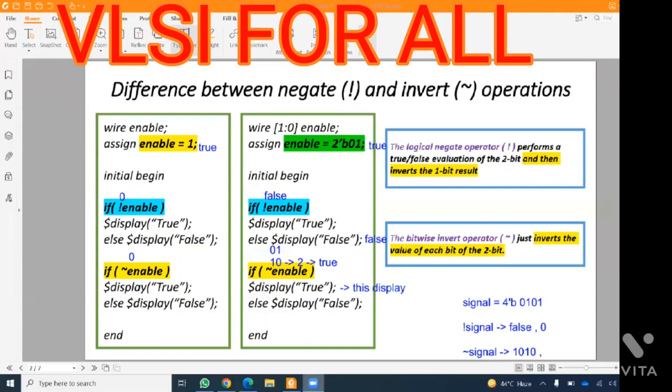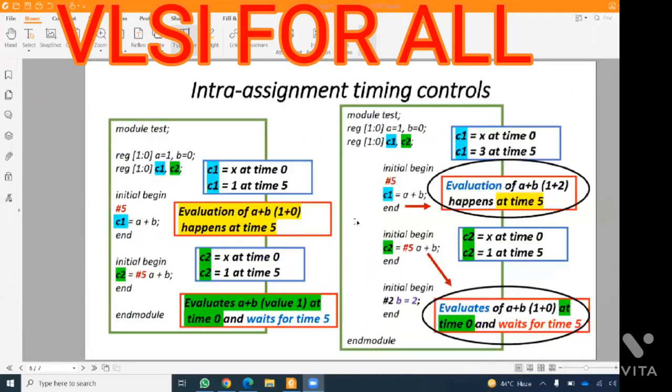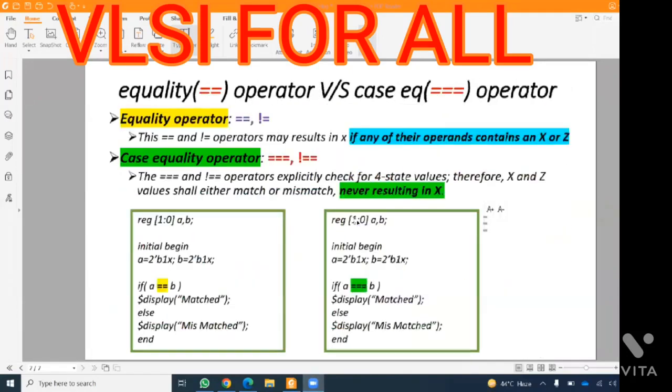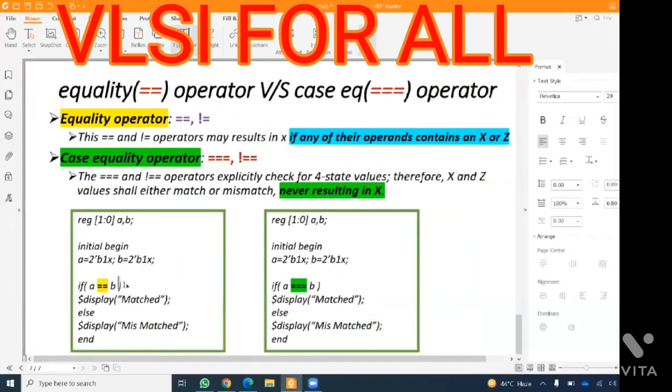Sir, in the last slide, the equality operators. In Verilog code there are case X and case Z equality.